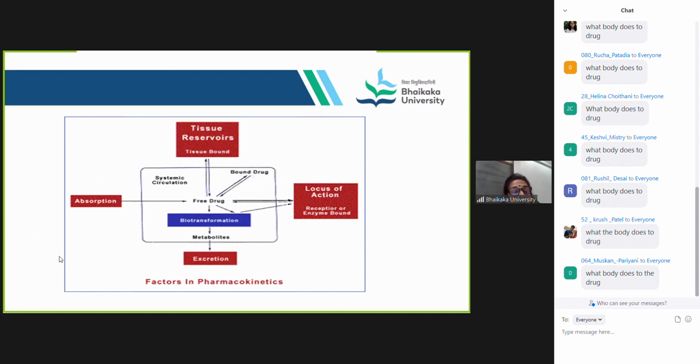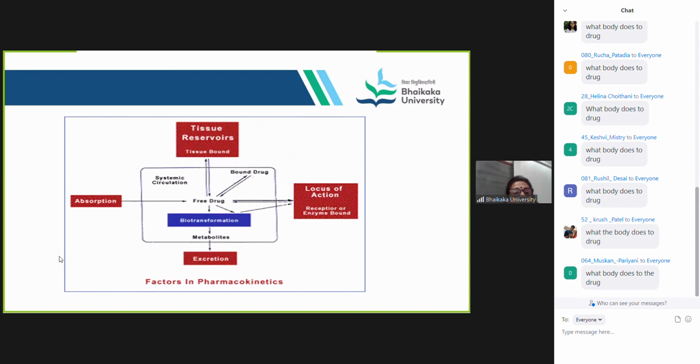This figure is given in every pharmacology book. You can see here the first process is absorption. Then the term given is biotransformation. Chemically there will be transformation of the drug to make it inactive.